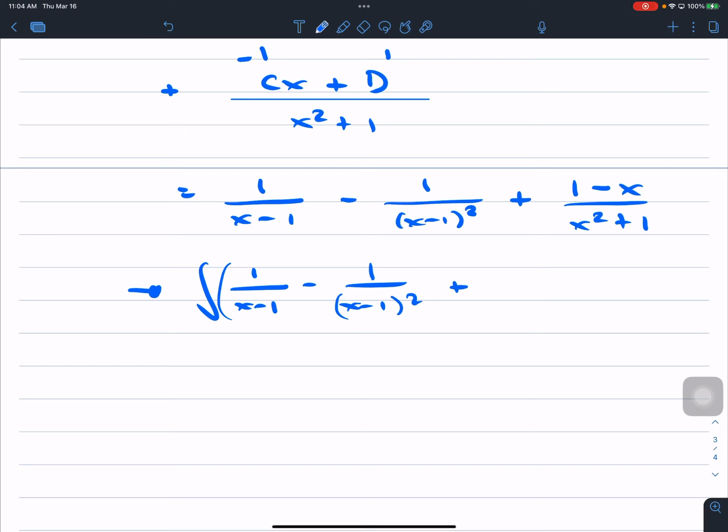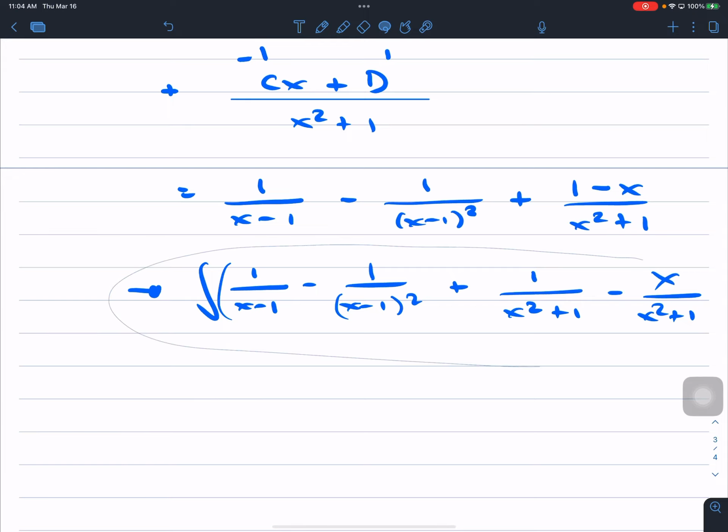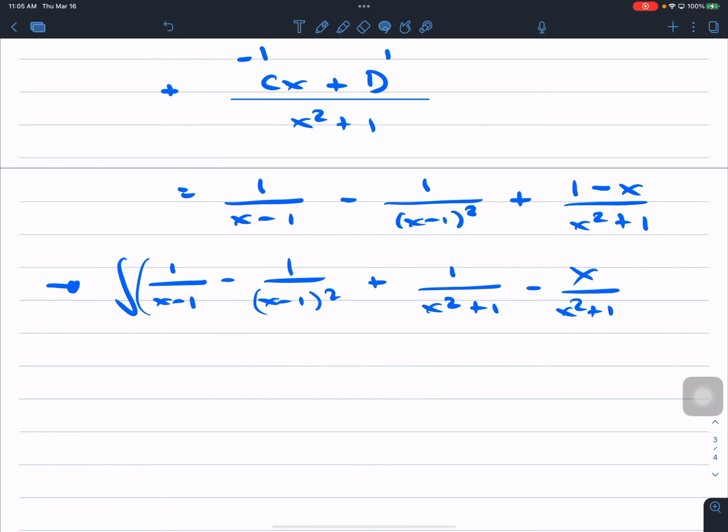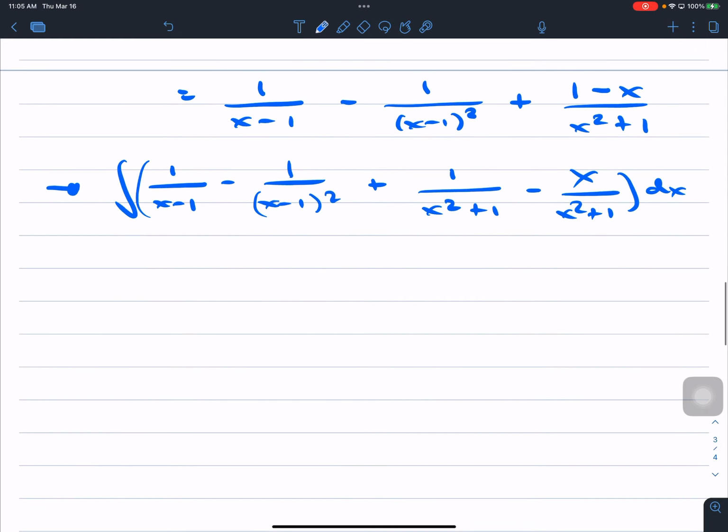What do you guys think you want to do here? What did I do over here on the right side?